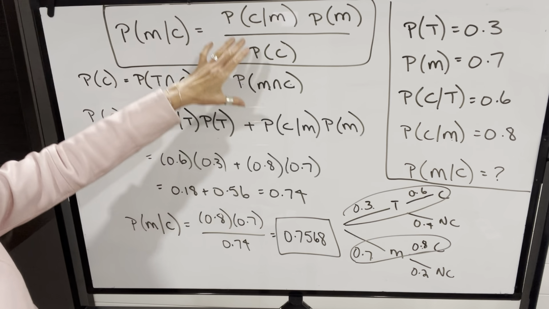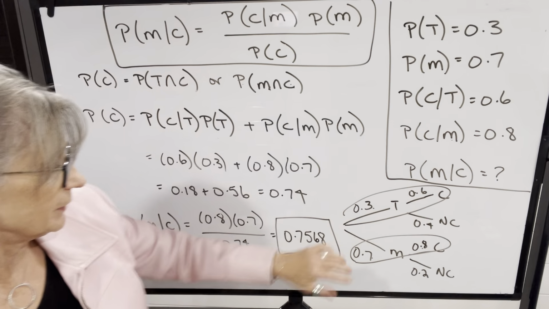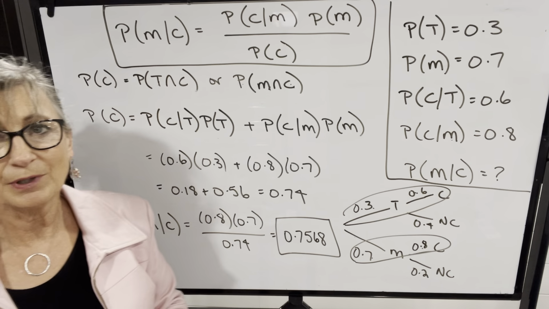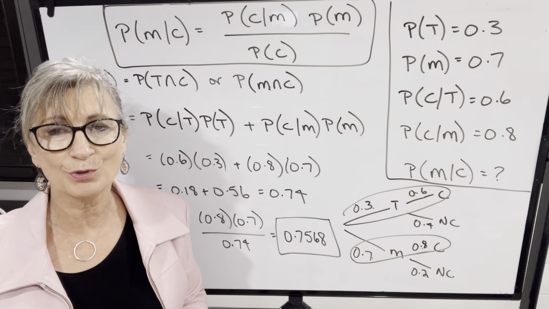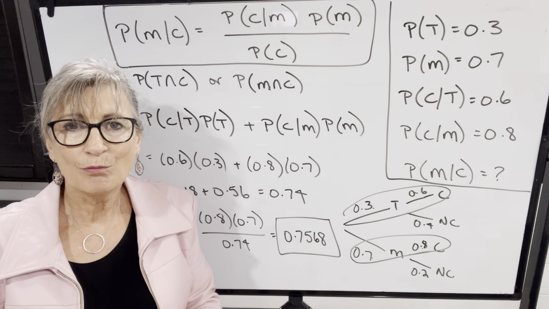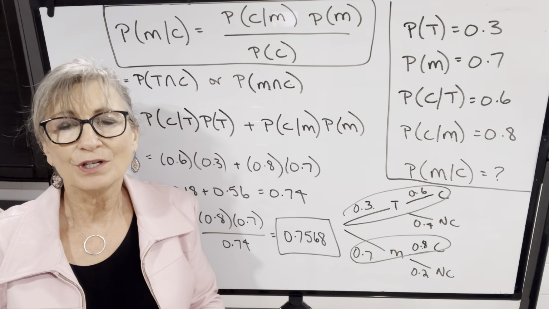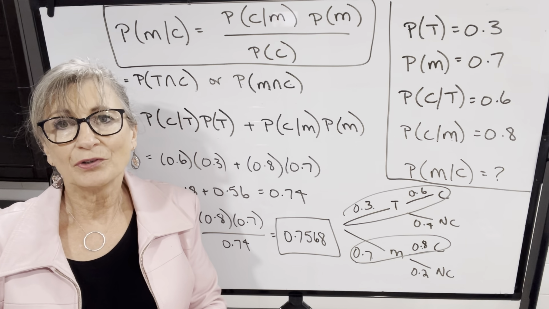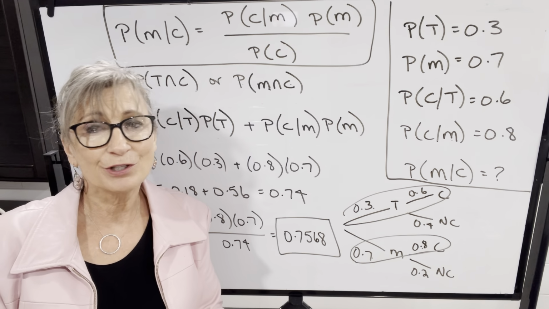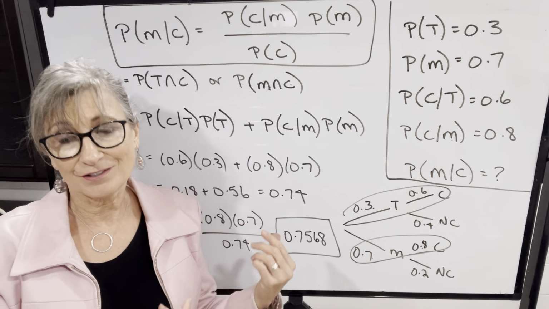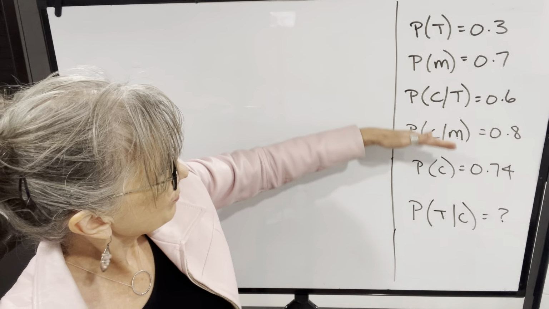Because once you have that, the other things were given, then Bayes' theorem allows you to find that other conditional probability, or the reverse conditional probability. Let's look at this problem, but this time let's find out the probability that it was a true-false question given that Sam answered it correctly. So very similar question to this one. We still have these same probabilities.